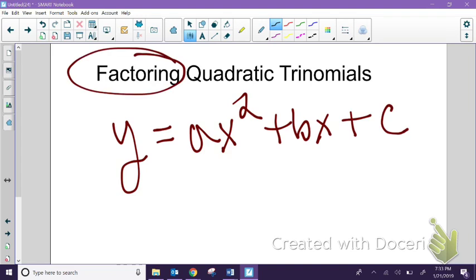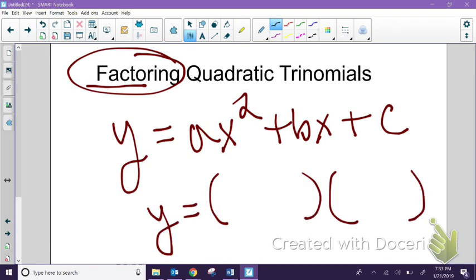If anywhere the directions say to factor, factoring, find the factors of, anything along those lines, you want to break down that quadratic into two sets of parentheses, okay? We want to figure out what factors, when multiplied together, will give you this quadratic, okay? So let's get to an example.